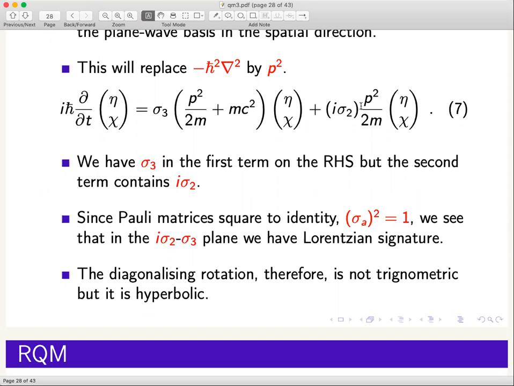So coming back to this, if you are looking at a two-dimensional vector, you write down that vector as x times i hat plus y times j hat, right? So sigma 3 and i sigma 2 are analogs of i hat and j hat, and p squared upon 2m plus mc squared and p squared upon 2m are analogs of x and y. You have a vector and you want to ask what is its x direction projection and y direction projection.